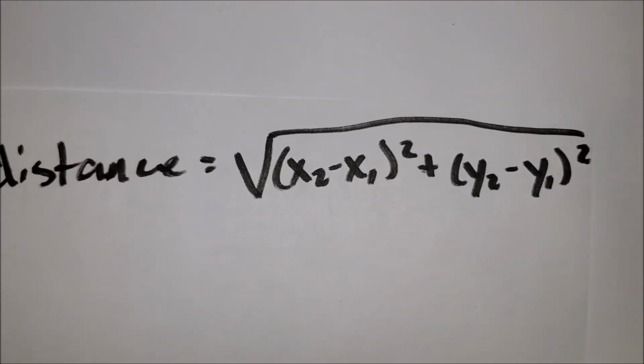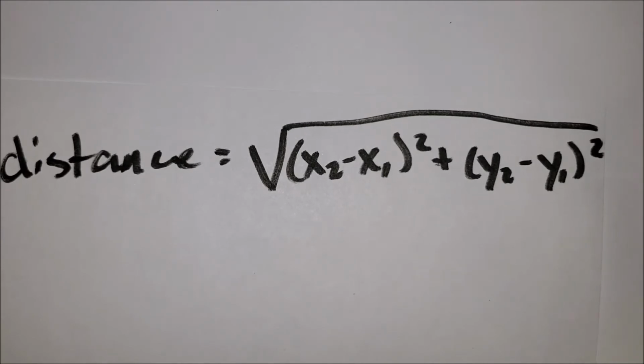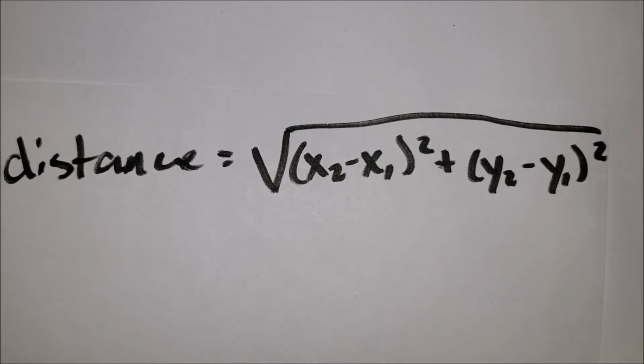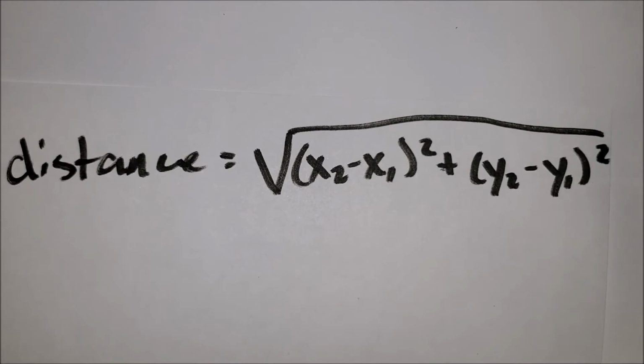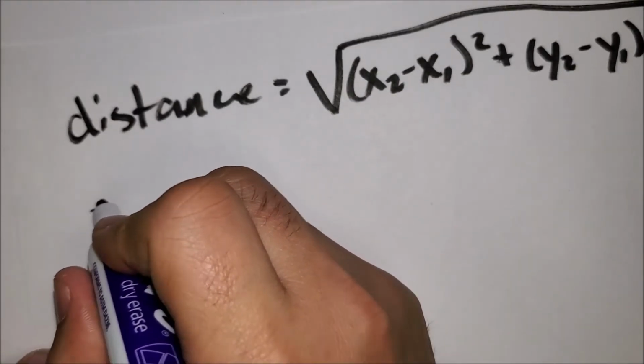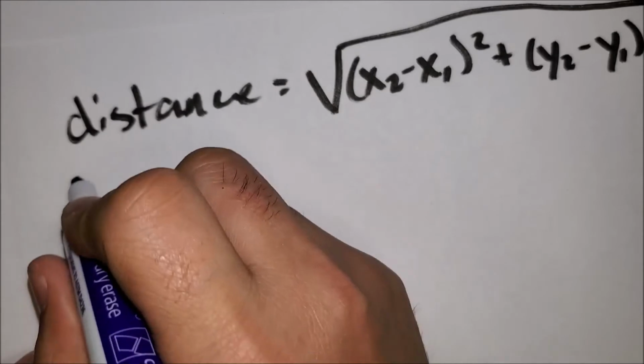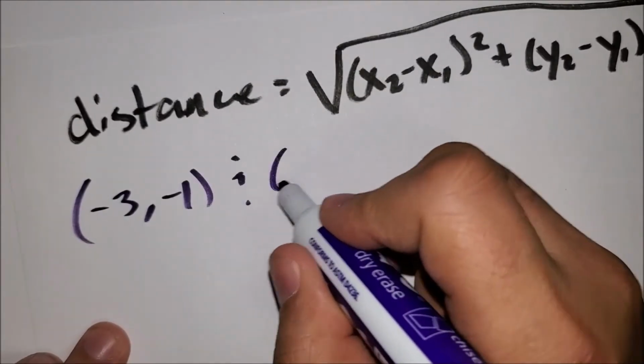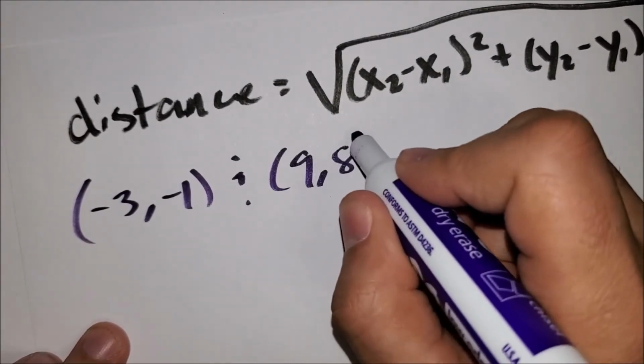So here we have our distance formula, and if we were to take those same points that we did earlier, say 9, negative 3, negative 1, negative 1, and 9, 8.